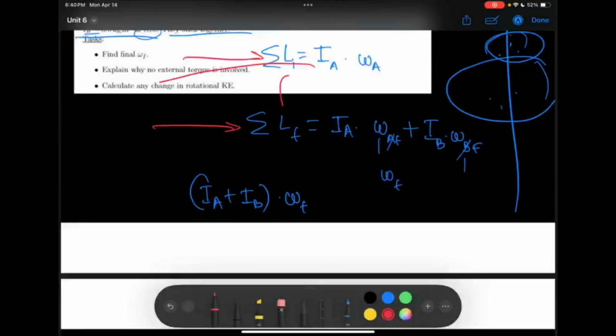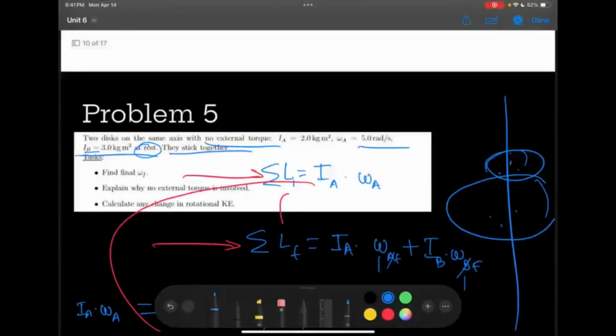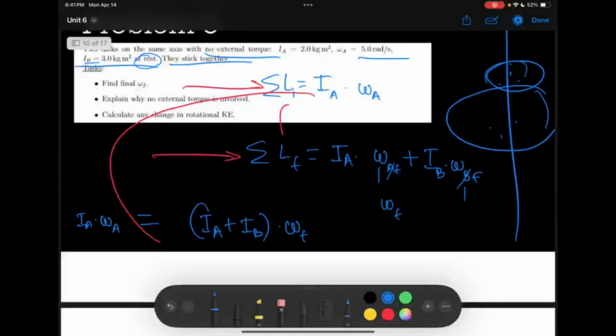So we can effectively set these two equations equal to each other and say that I_A times the initial angular velocity is equal to that. And then we can just plug some stuff in to find the final angular velocity. Right, so then we have 10 here, and we just add these up, so this can be 5, divide that, so then that means that the final angular velocity is 2 radians per second for both disks.